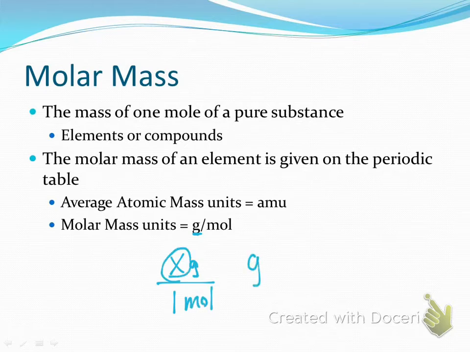So that's why the units are grams per 1 mole. Okay, that's really important to know the difference between those two. Atomic mass means we're looking on the singular atomic level, one single atom. Molar mass means we're looking at a much larger number of those atoms, and it's how many grams are in that mole.